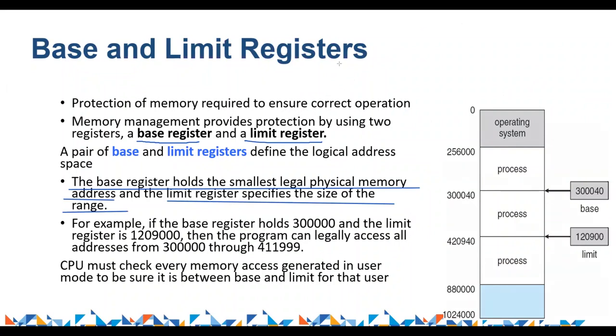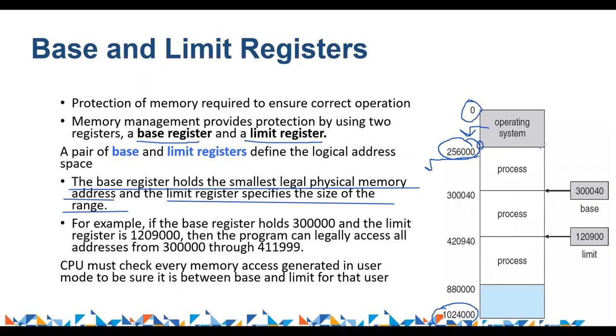Let's assume this is my memory, starting from here and finishing here. Up to this much area, it is held by the operating system. So this is the limit register for this operating system file, but this is a base register.